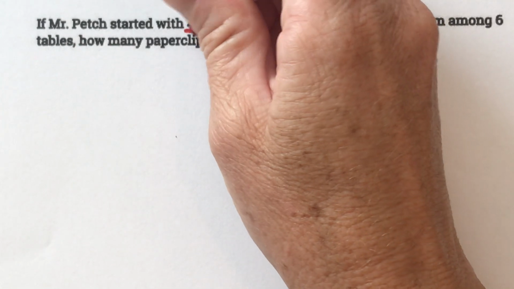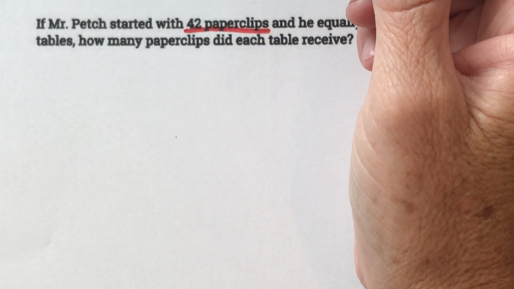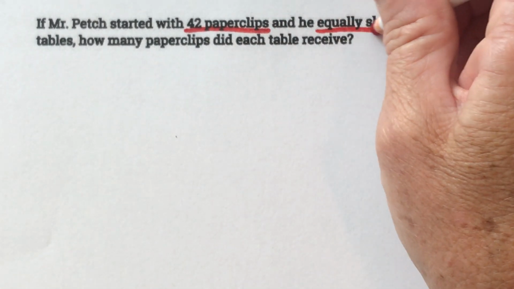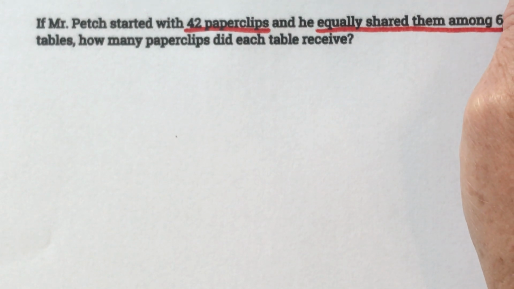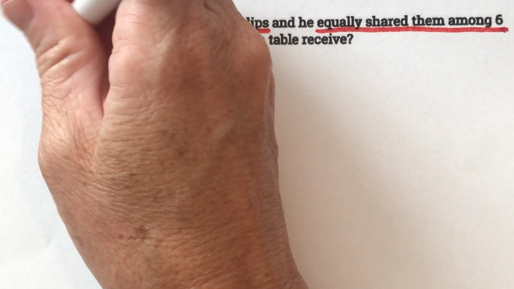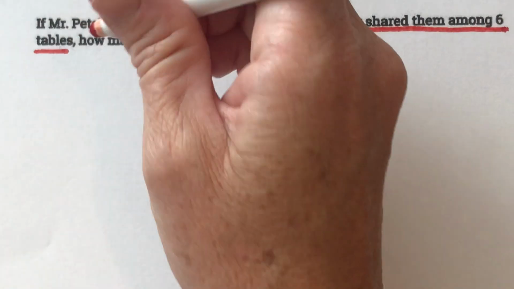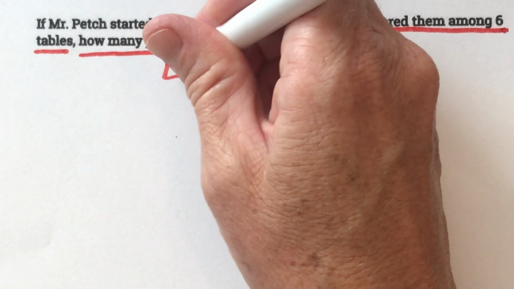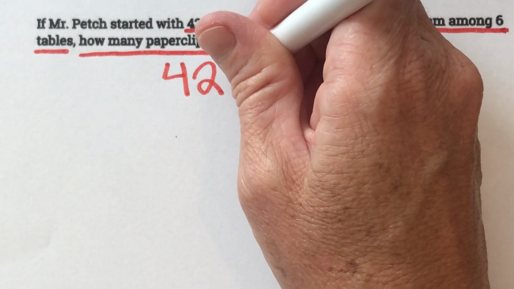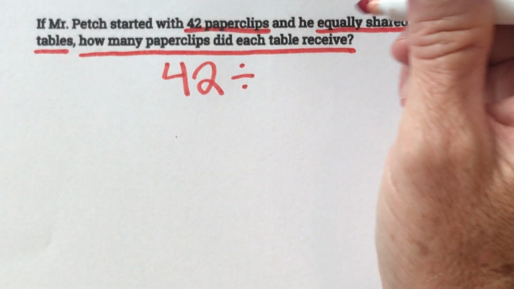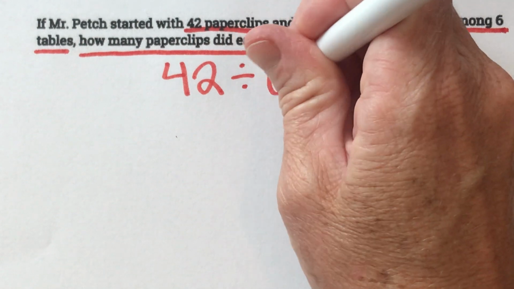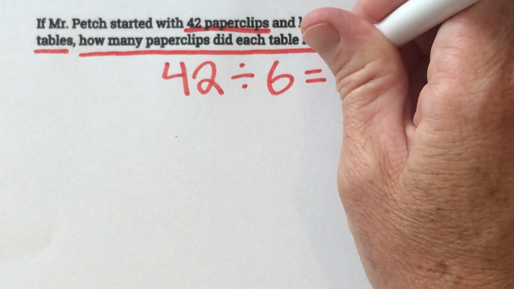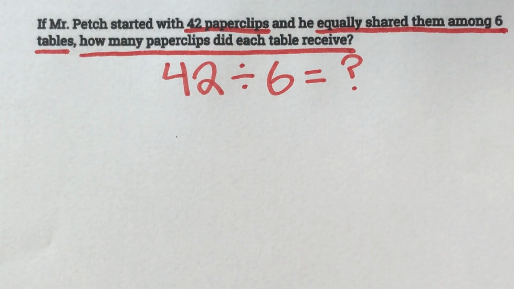He started with 42 paper clips, and he's going to equally share, because that's what division is, them among 6 tables. And then our question is, how many did they each get? So my equation is he has 42 paper clips that he's going to divide or share equally to 6 tables. And we want to know how many each got.